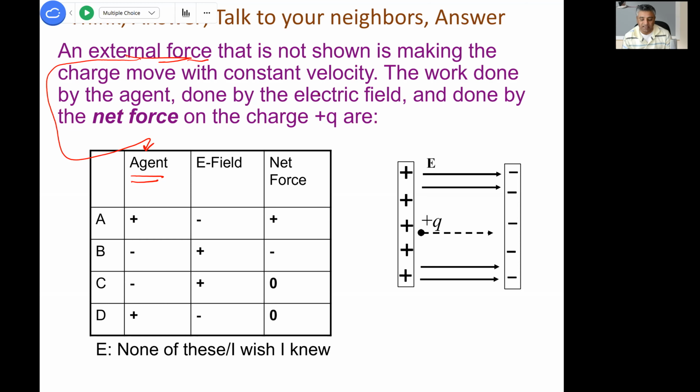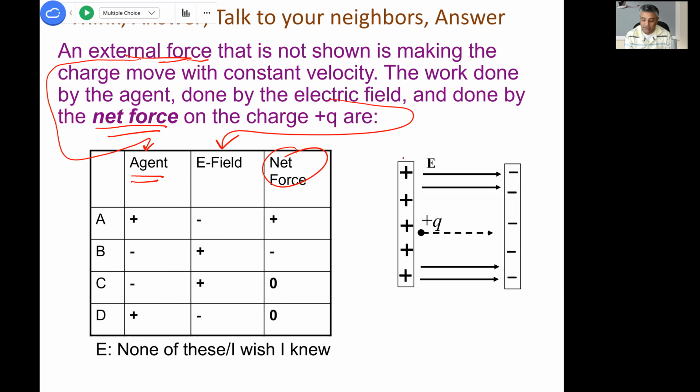The work done by the agent, the work done by the electric field, and the work done by the net force. So there are three, and you are asked to find the sign or the value.